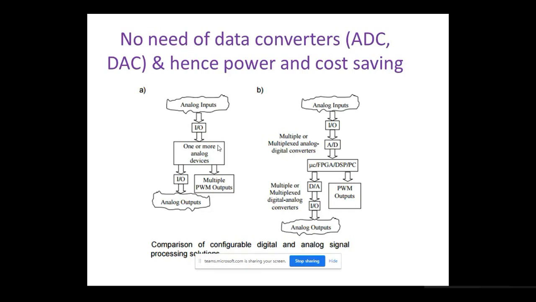Nowadays people use DSPs, microcontrollers, and microprocessors to process even analog signals. FPAA eliminates the need for data converters because it takes the input in analog format and processes everything in analog format. So you get the output in analog format as well. Input is analog, processing is analog, and the output is also analog. So the cost and power can be saved by eliminating data converters.